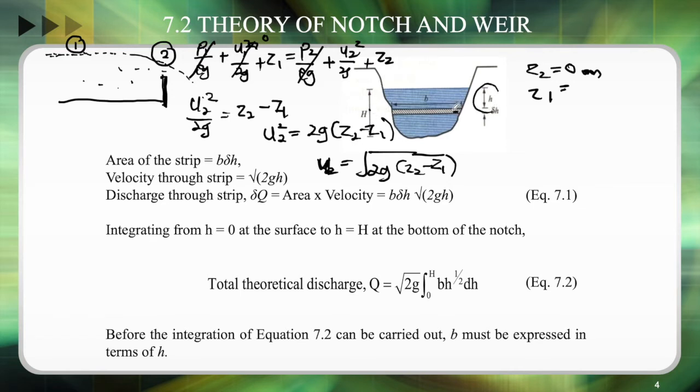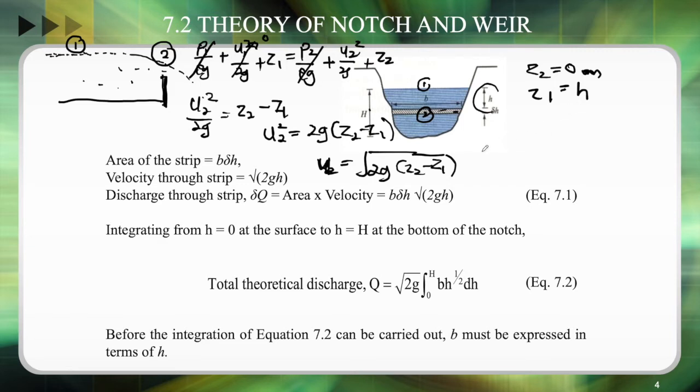From here, this is the point where the water flows out. So this is point number 2, and point number 1 is a free surface here. We have H here, therefore Z1 is H, because point number 1 is H meters above point number 2.